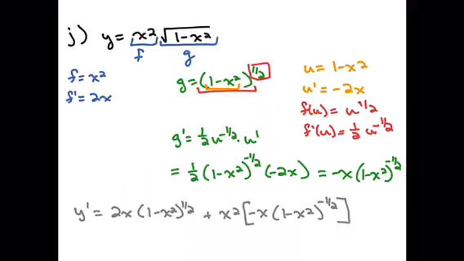And if we clean this up, I can write it as 2x times the square root of 1 minus x squared, minus x cubed over the square root of 1 minus x squared.